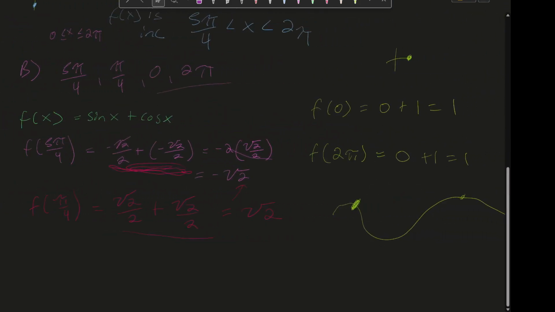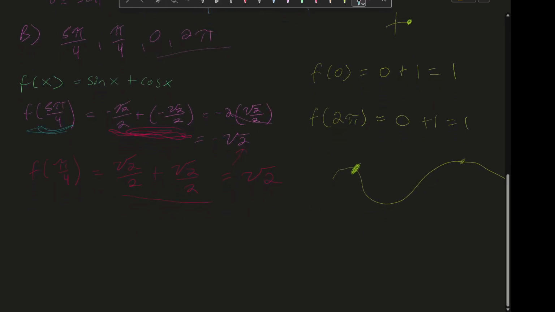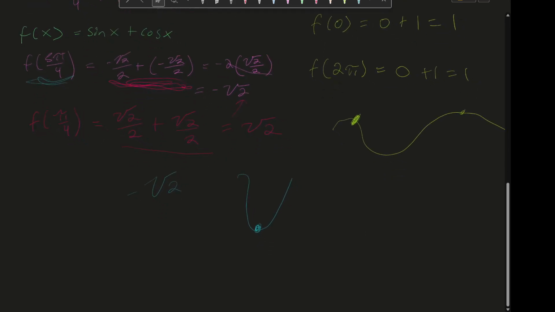But then you're also going to have, let's see, at 5 pi over 4 you have negative root 2, which would be something down here on your function. And so that would be a local minimum at 5 pi over 4 with a y value of negative root 2.